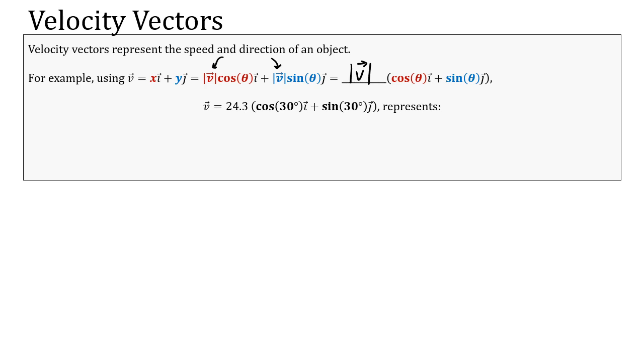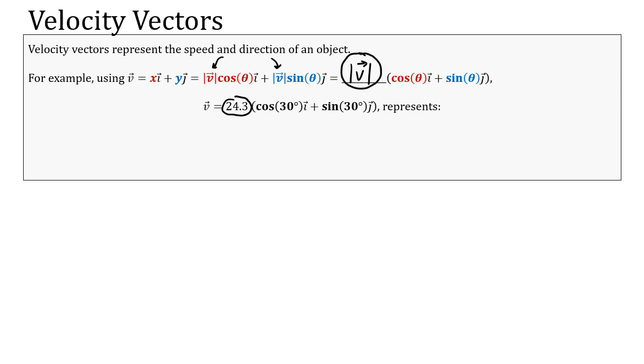This vector says 24.3 times the quantity of the cosine of 30 degrees i plus the sine of 30 degrees j. So this very first number, the 24.3, that represents the magnitude of the vector.